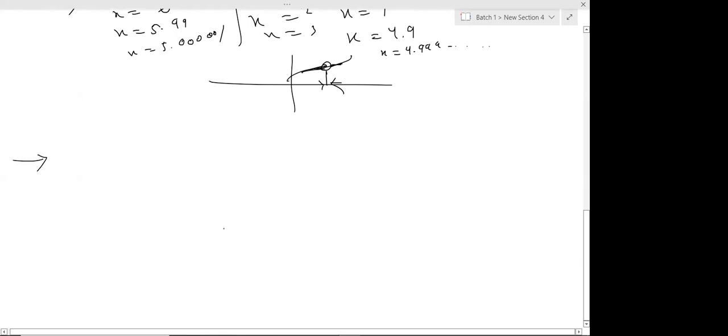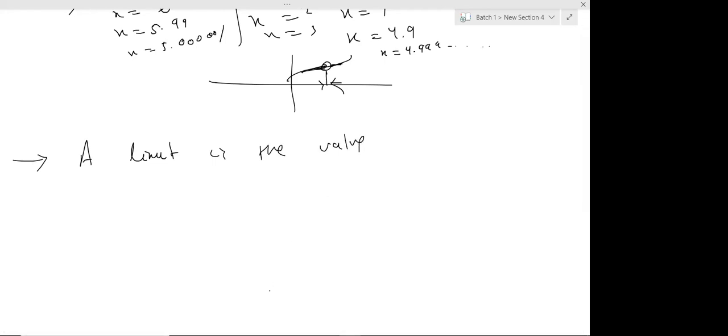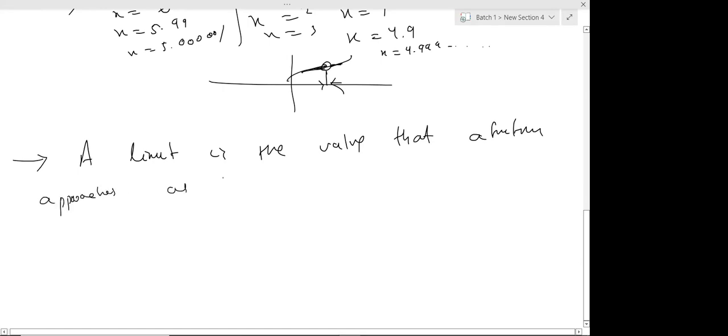All right, the definition. A limit is the value that a function approaches as the input approaches some value.